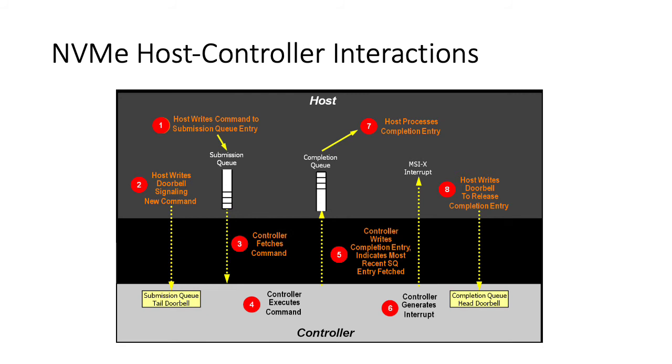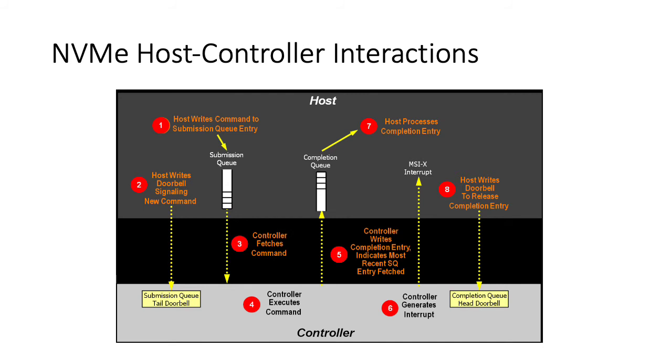Typically, the core that issued the submission entry also processes the interrupt and the completion entry. Once this is done, the host rings another doorbell, another register, to tell the controller that the IO has completed. So this is the core, the basics of NVMe IO.